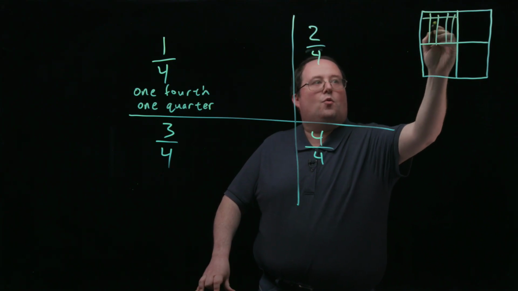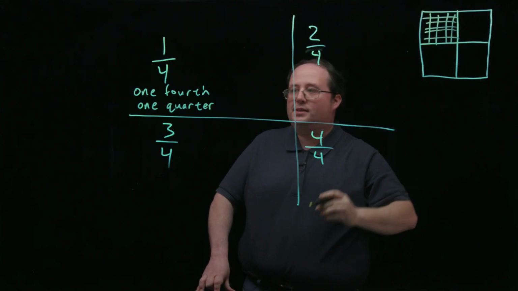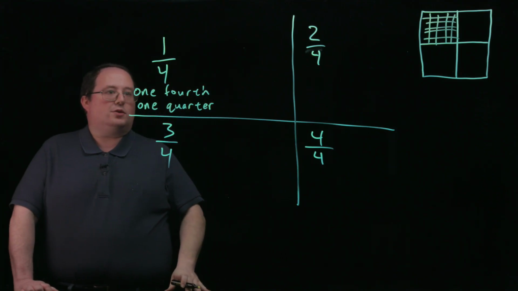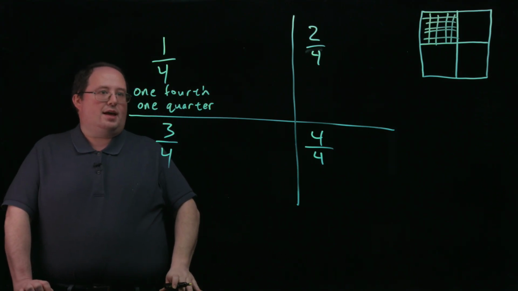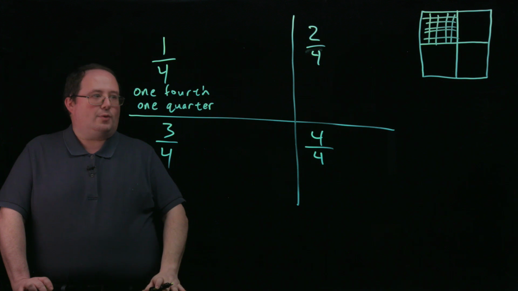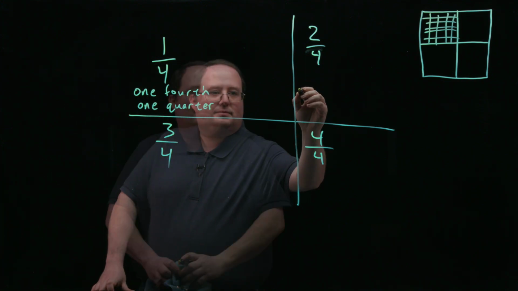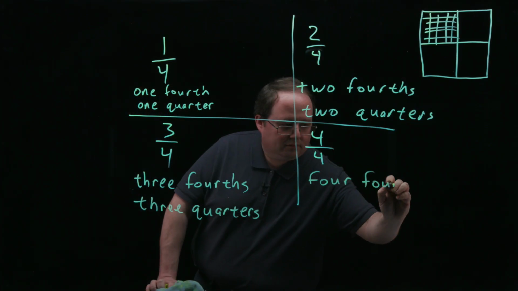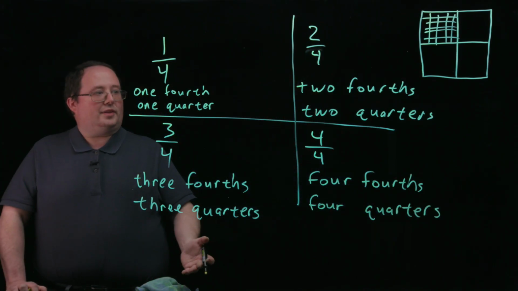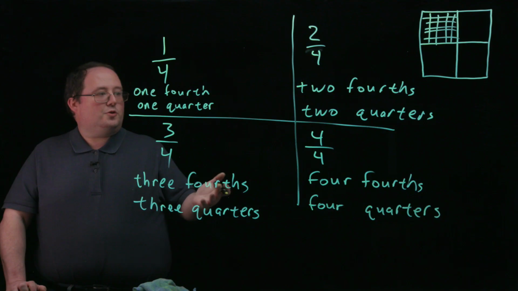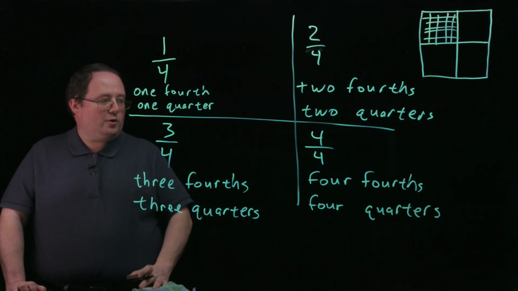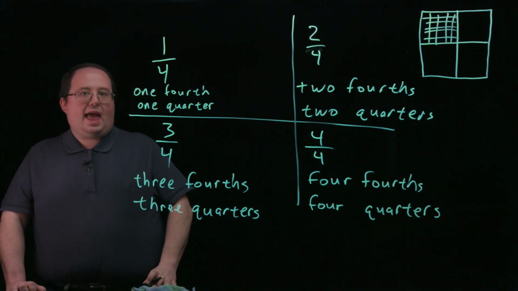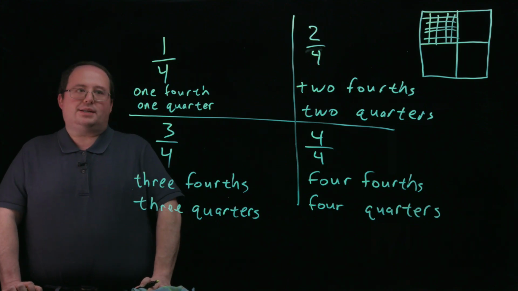So we'll shade in one of these 4 equal pieces. And so that's how we represent 1/4. And then we could fill in the rest of the names. So now we have the labels for all of these: 2/4, 3/4, and 4/4. And so next let's talk about how we turn these into decimals.